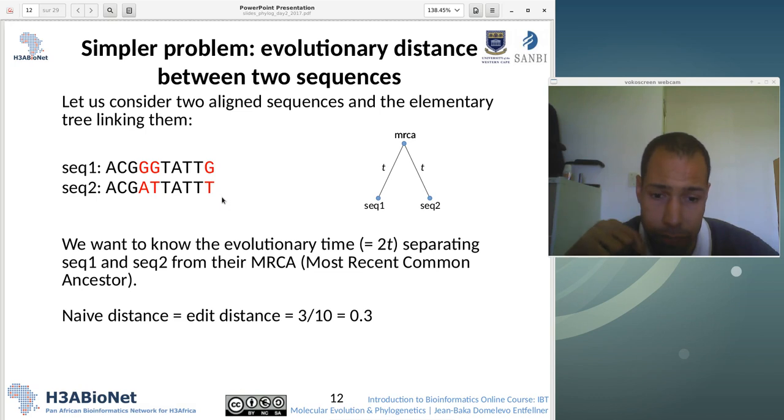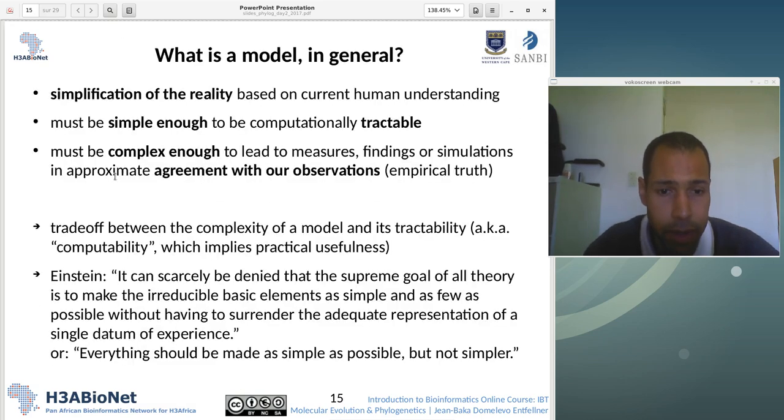It is an underestimation of the evolutionary time, because there may have been several mutations on sites where you have 2 different nucleotides aligned on each other, and even on the sites where seemingly it's the same nucleotide, you may have a mutation that happened, a double mutation or a silent mutation.